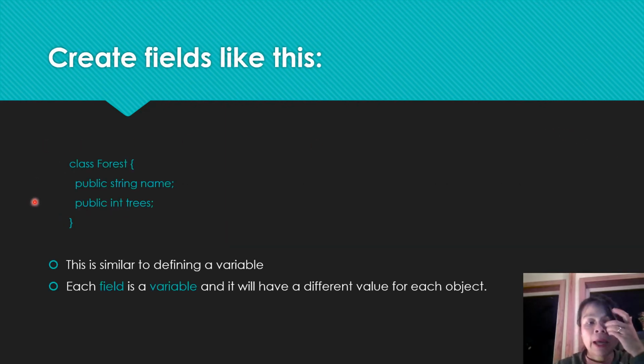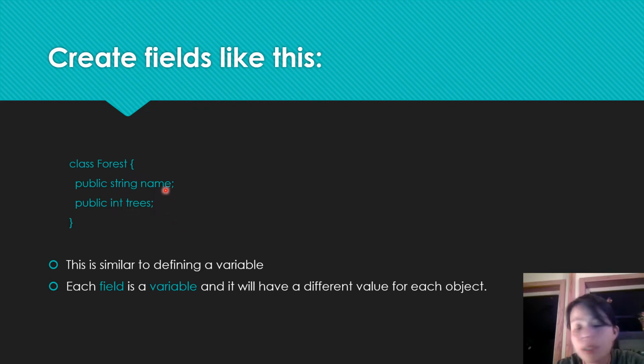Here in Forest.cs, we have the class Forest, and in its curly brackets we have public string name and public int trees.